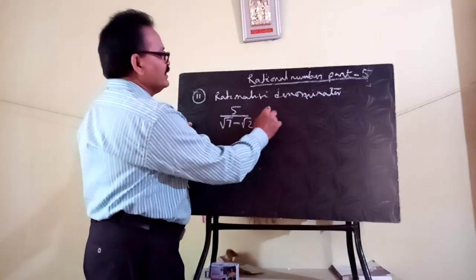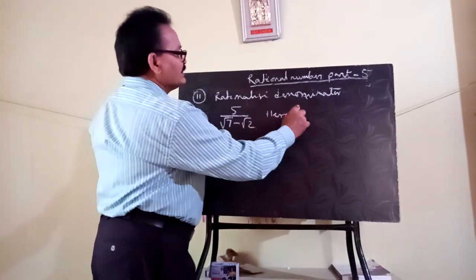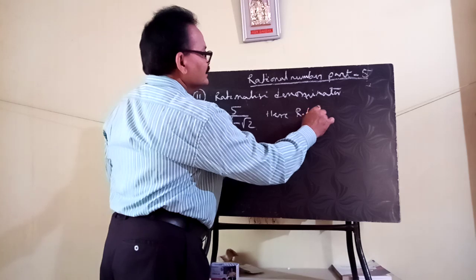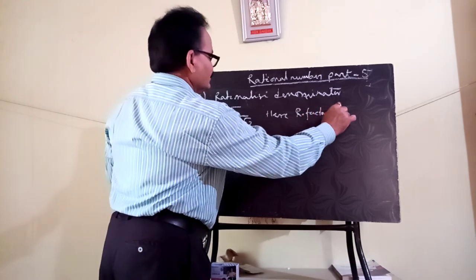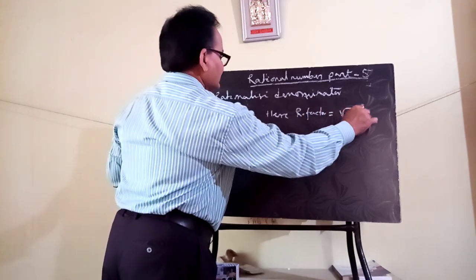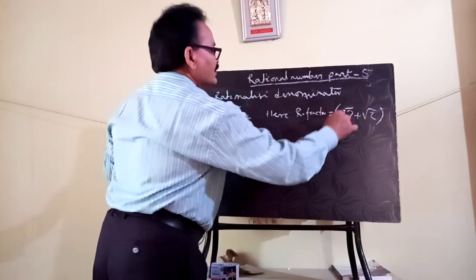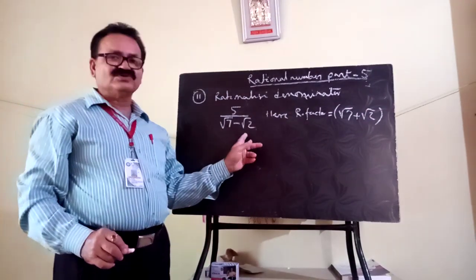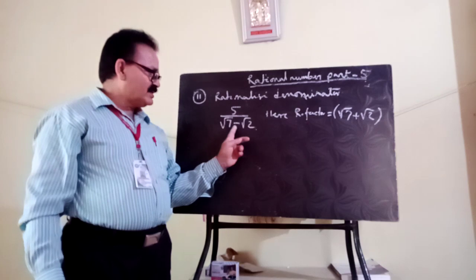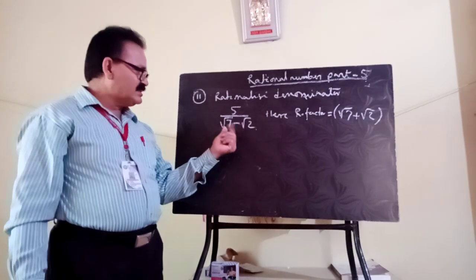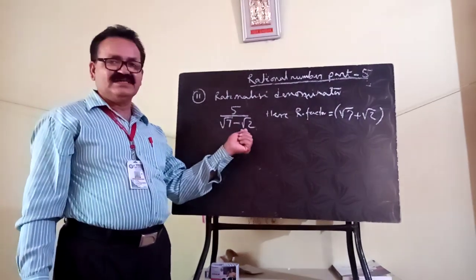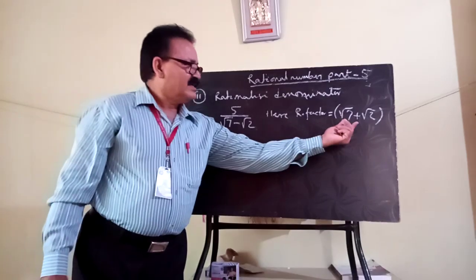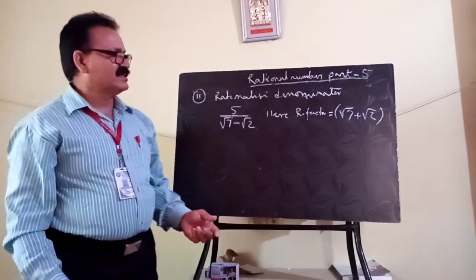So first of all, the rationalizing factor is root 7 plus root 2, because in root 7 minus root 2 the denominator contains a negative sign, as it is in the form of a minus b. So here a plus b will be the rationalizing factor.